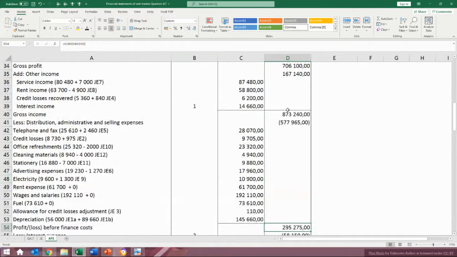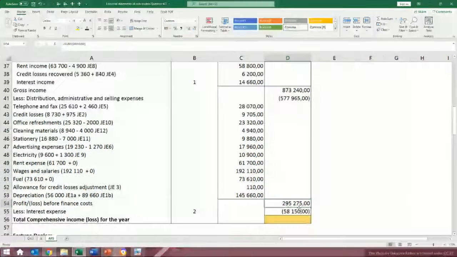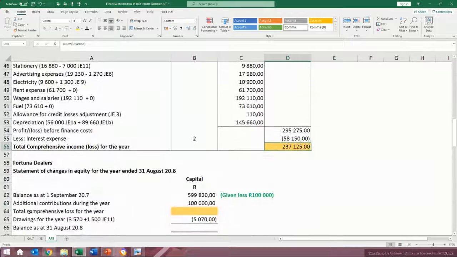Okay, so then based on the gross income less the total expenses, what was left over, our profit for the year is 295,000. Then we deduct the interest expenses based on note 2 to work out that our income for the year is 237,000.